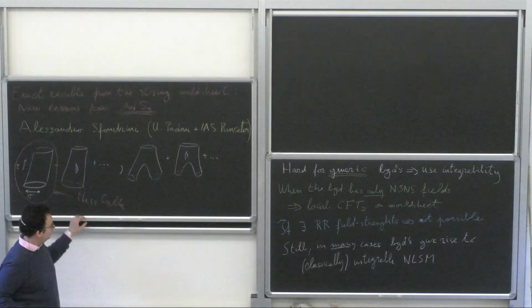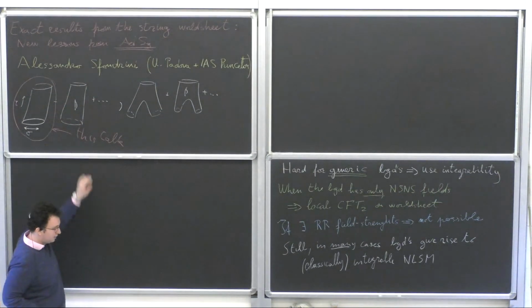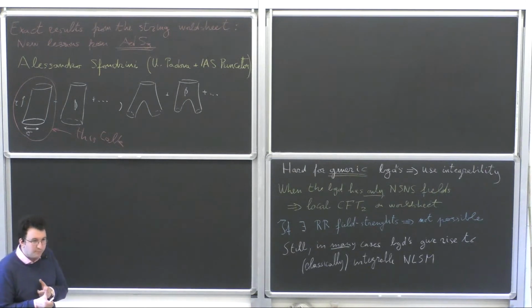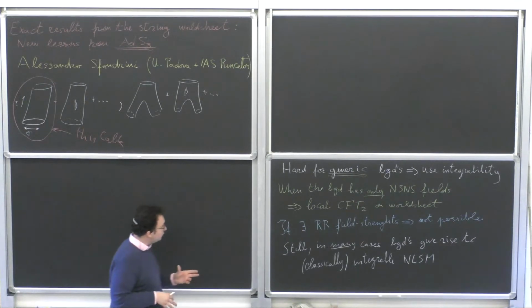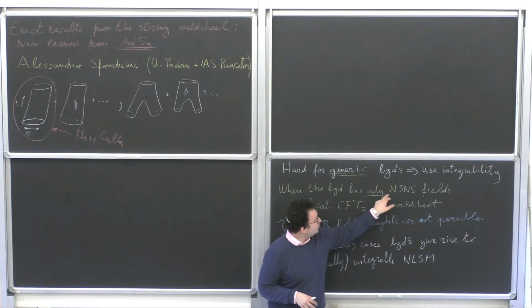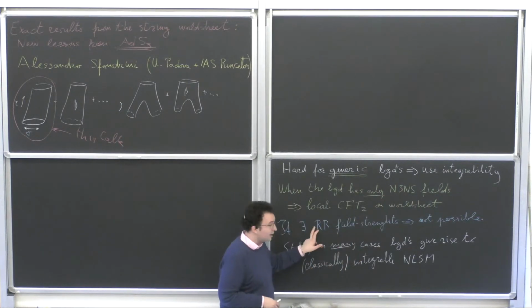The reason why I want to do that is that this background is first important in string theory. In holography, many things have been understood there. It's important to the study of black hole physics and understanding the entropy of black holes in string theory. And it's also very important from the technical point of view of constructing an integrable model where we see very clearly the interplay between these NSNS fields and the Ramond-Ramond ones.